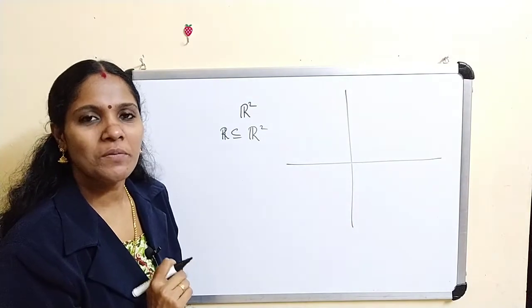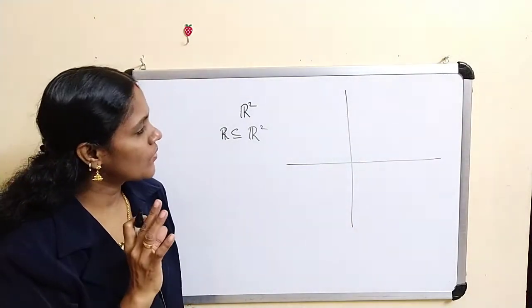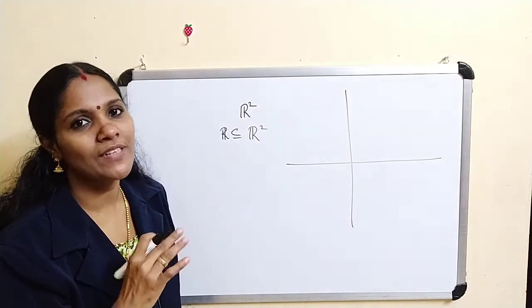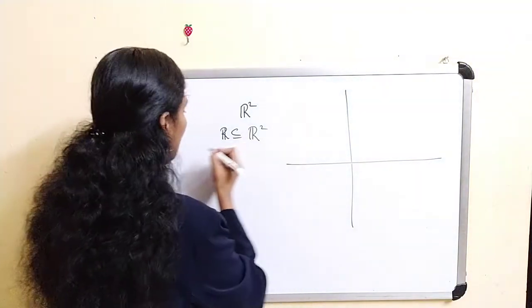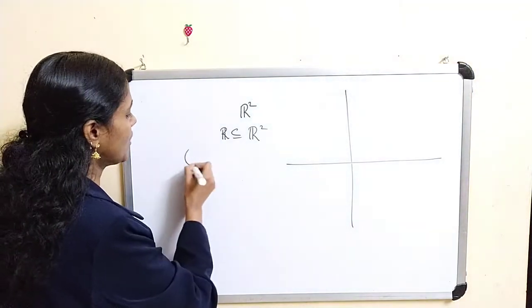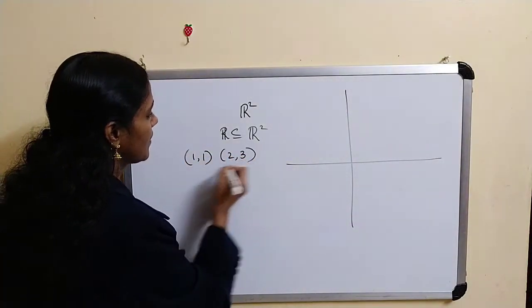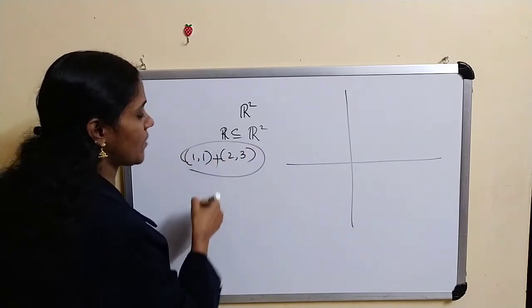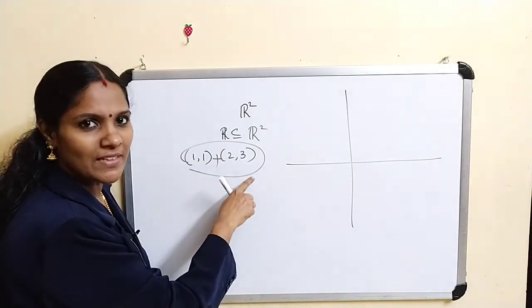Now we have to find subsets of R2 that are subspaces. Subspace means closed under linear combination. If you take any two points, say (1,1) and (2,3), which are in the subspace, that implies their sum must be in that subspace.